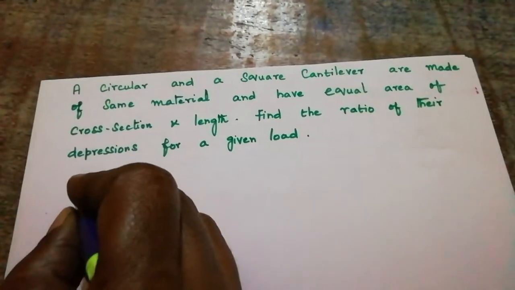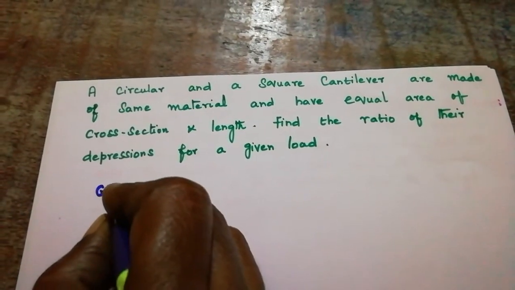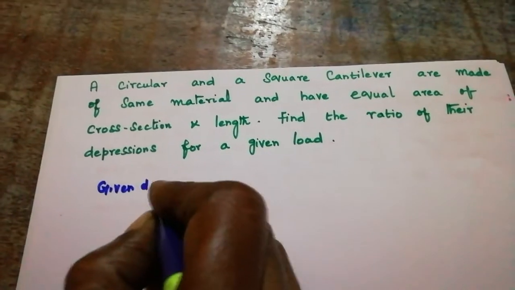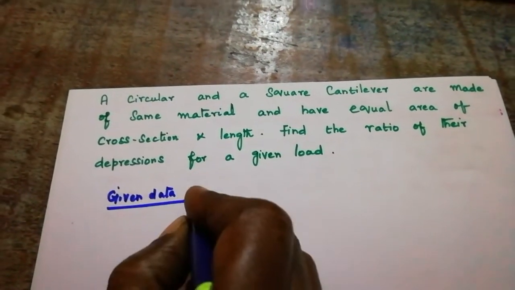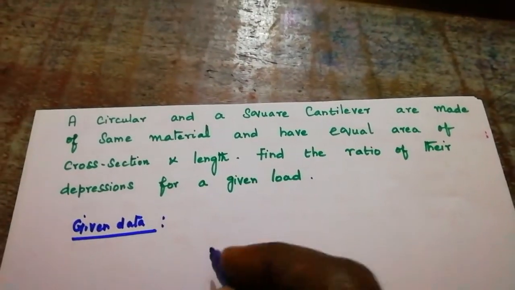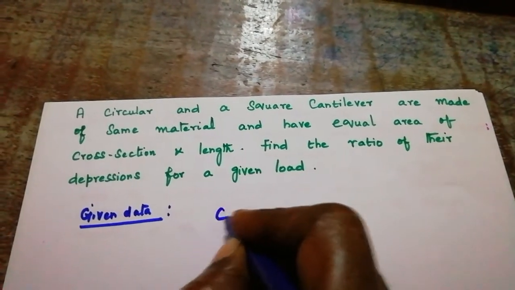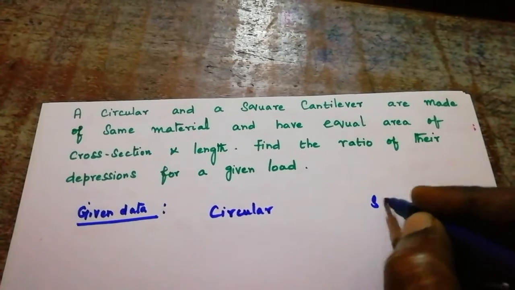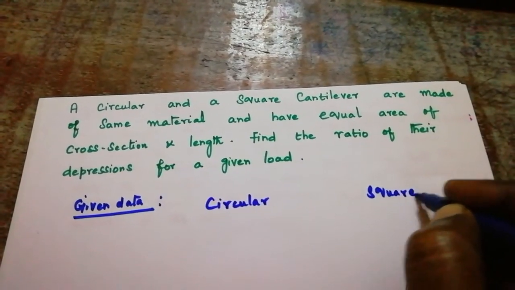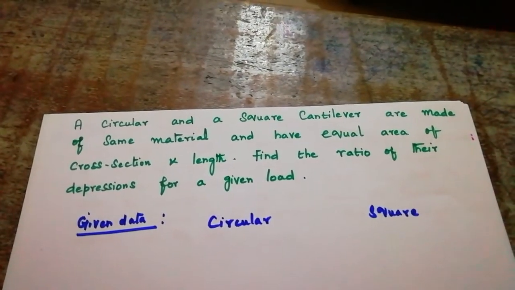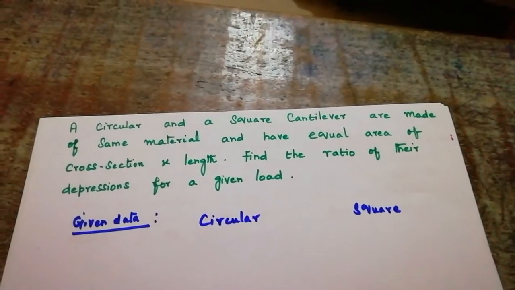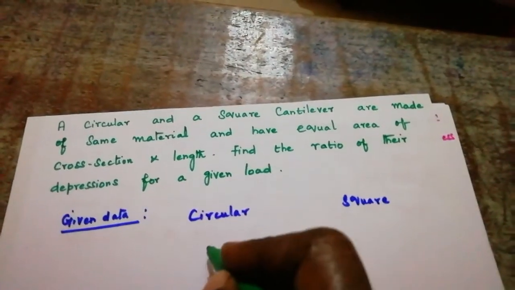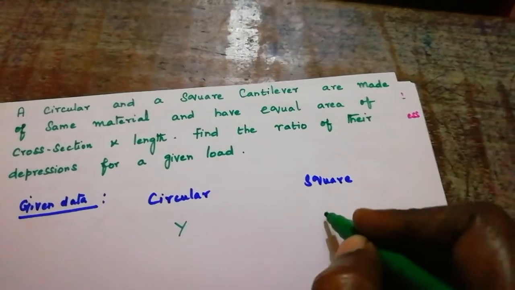Instead, one is a circular and another one is a square cantilever. They are made of same material. So the material is same, so the Young's modulus will be same.